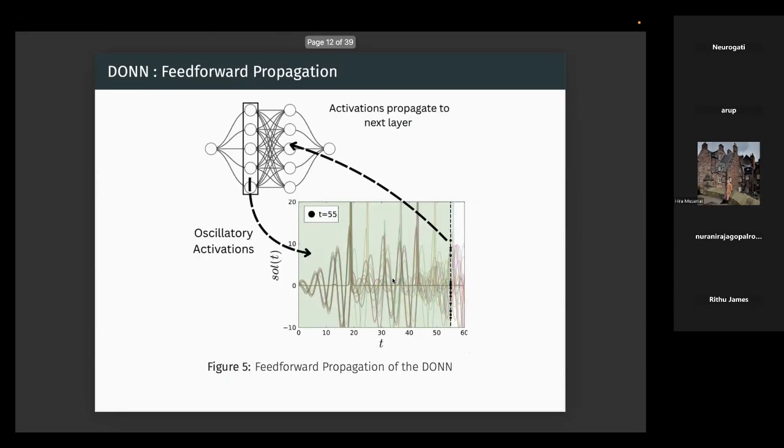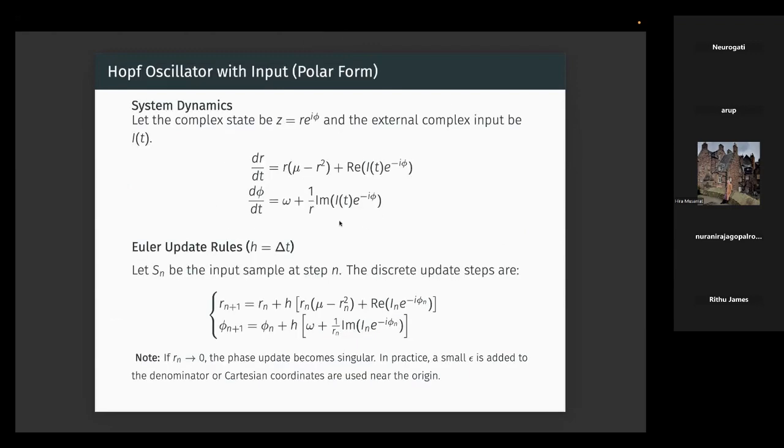Okay, so just to again recap, input comes in from some layer previously. It could be a signal, it could be a vector, it could be an image. That goes to the oscillator layer as I of t. The I of t differential equation looks something like this. And this differential equation is solved using the Euler update rule. Once you solve this, you will get a time history of R1, R2, phi1, phi2, phi3, R1, R2, and so on.